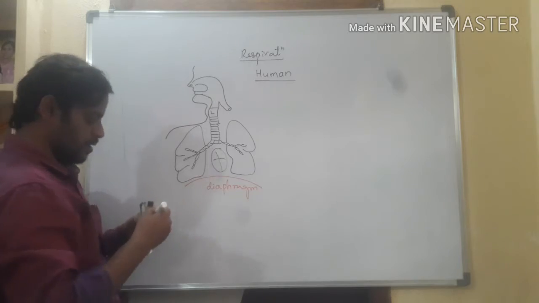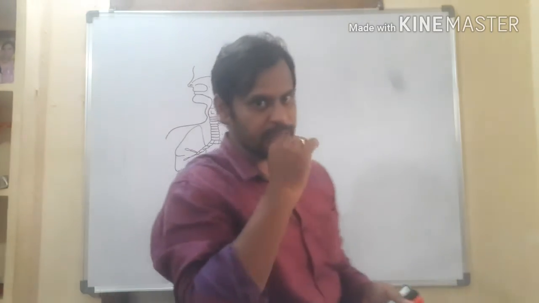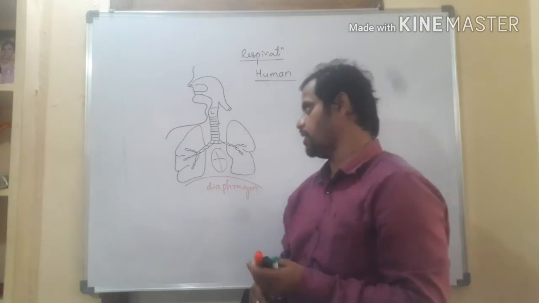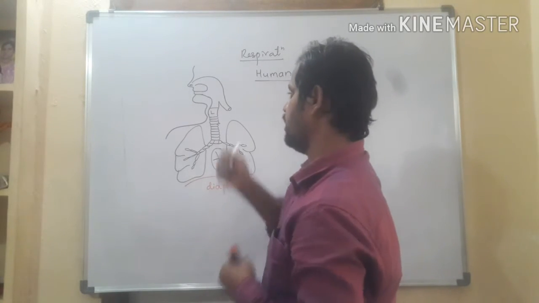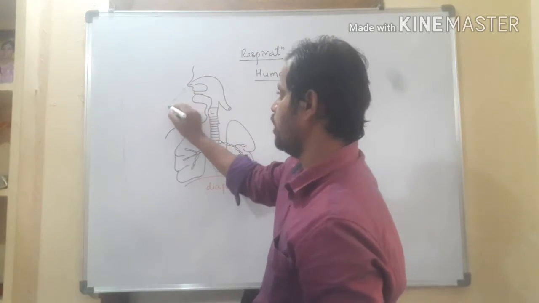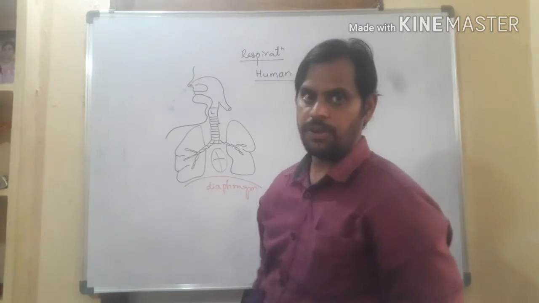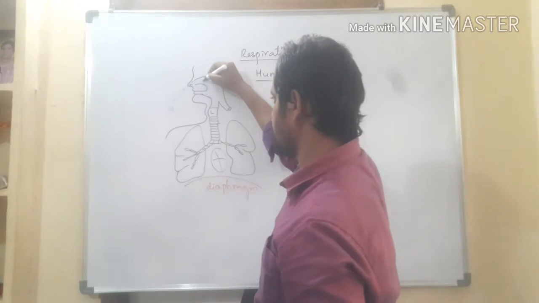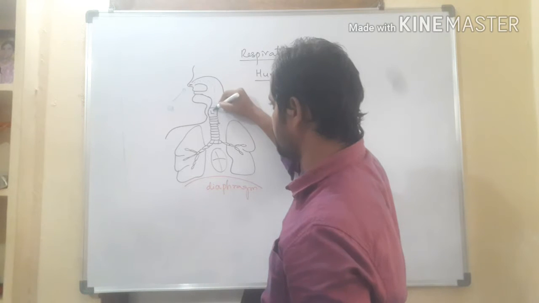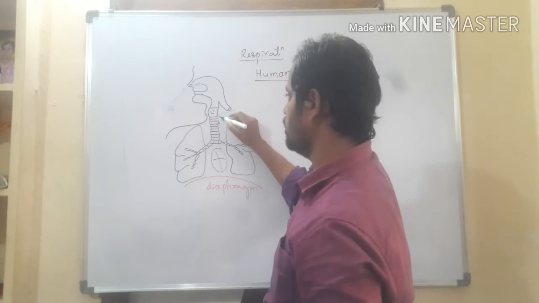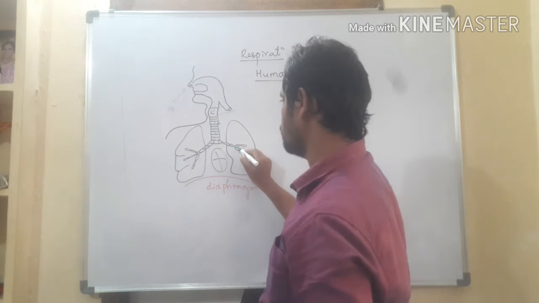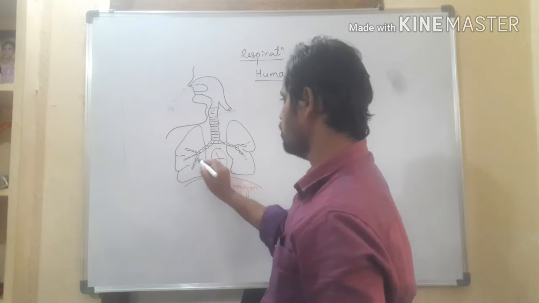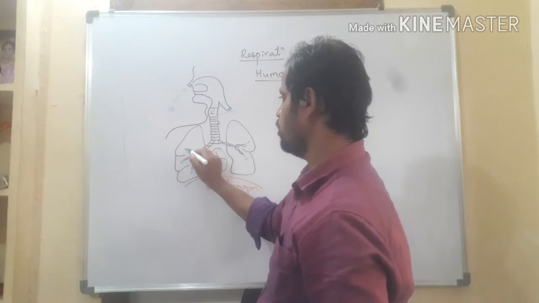Now let us see the inhalation and exhalation in the whole process. When we inhale the air, in the air there is the presence of oxygen. When this air enters our nasal cavity to larynx to trachea, it enters into the lungs.